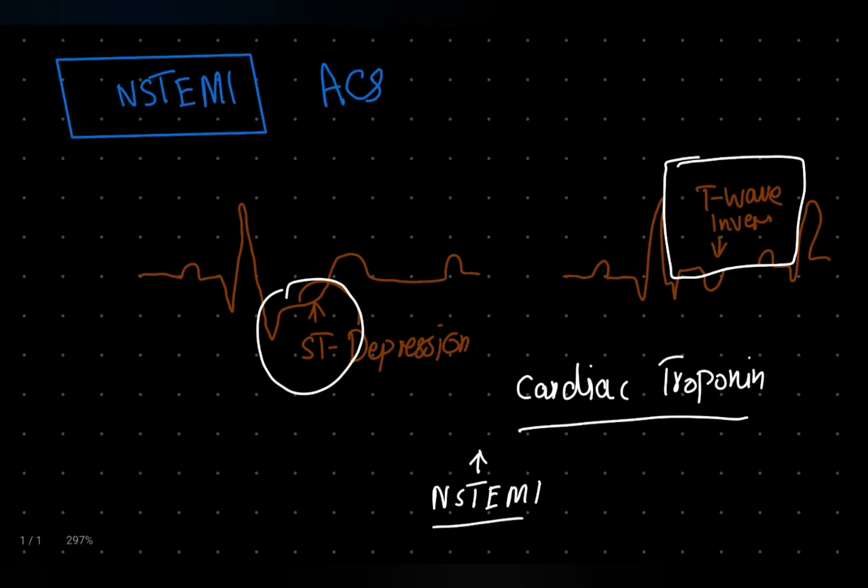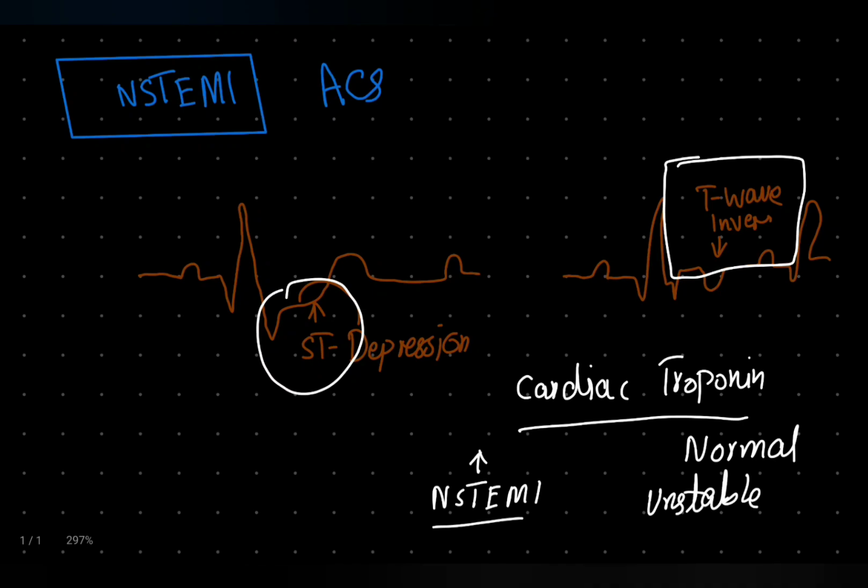If the cardiac troponin level is normal, then it is unstable angina. Unstable angina can also cause very severe chest pain.